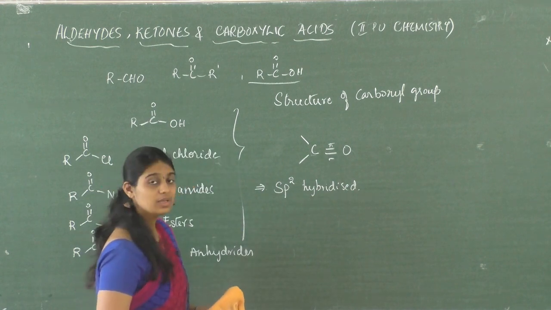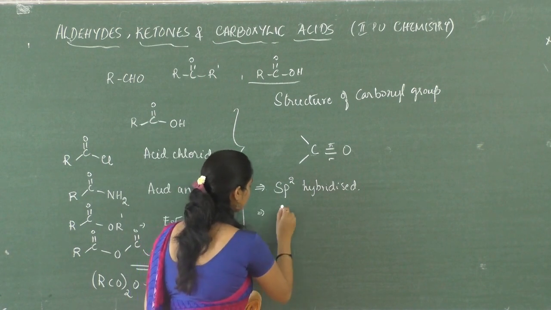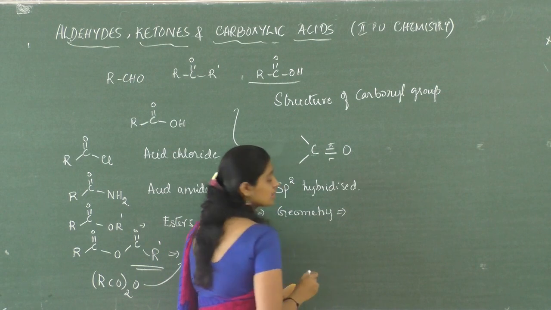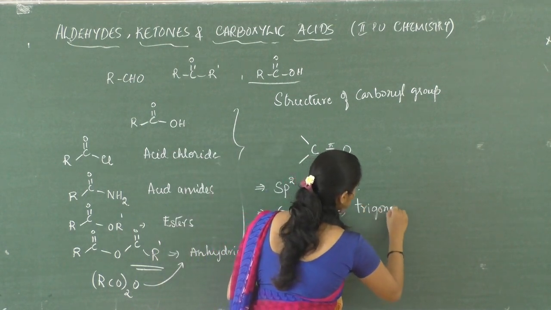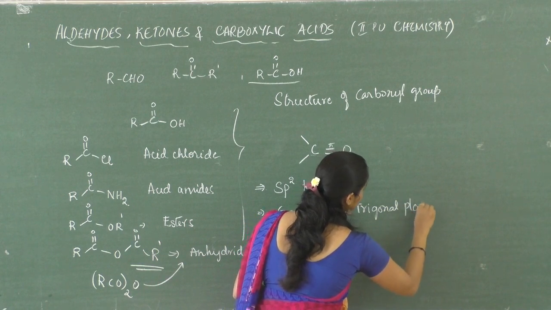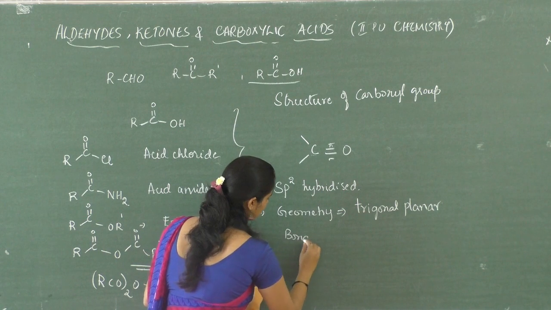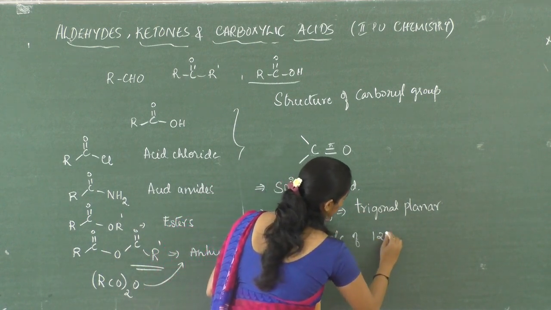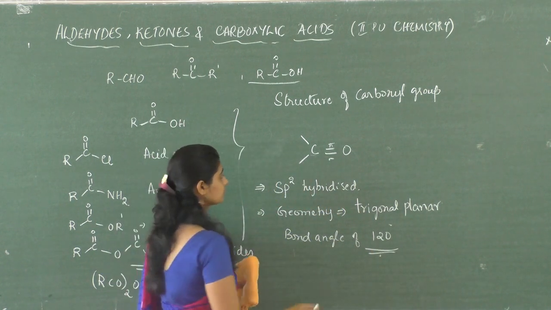If a molecule undergoes sp2 hybridization, then the geometry of the molecule will be trigonal planar, with a bond angle of 120 degrees.